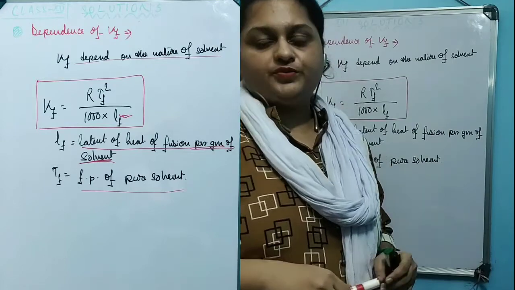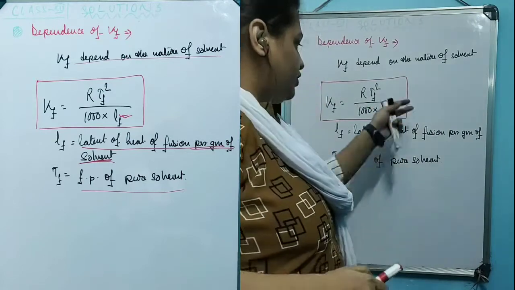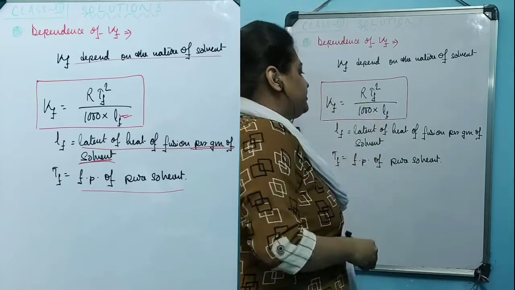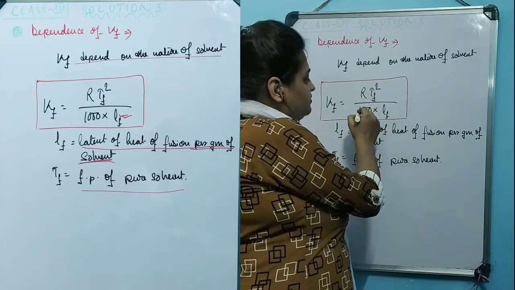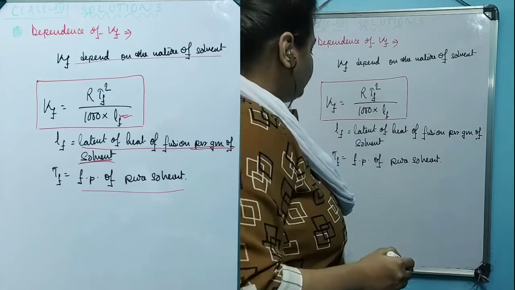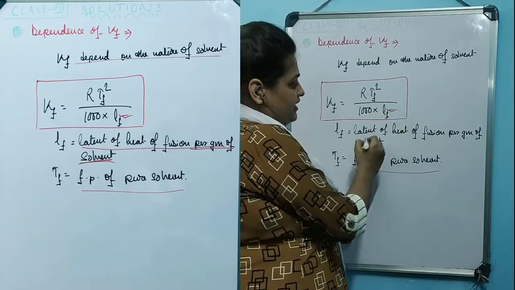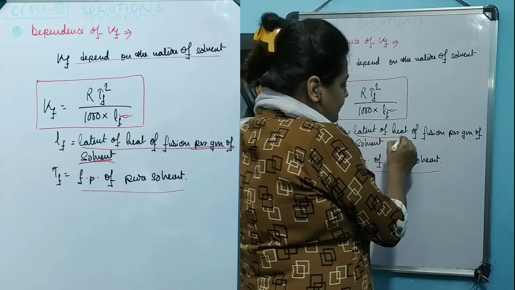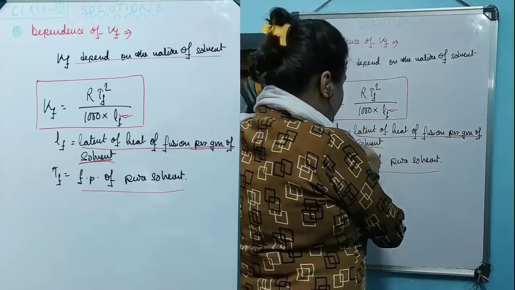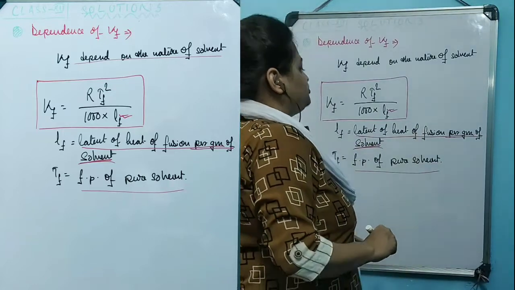Similarly, the cryoscopic constant Kf can be expressed in the form of this mathematical expression, which says that Kf equals R Tf square by 1000 multiplied by Lf. This Tf represents the freezing point of the pure solvent, and this Lf represents the latent heat of fusion per gram of solvent.